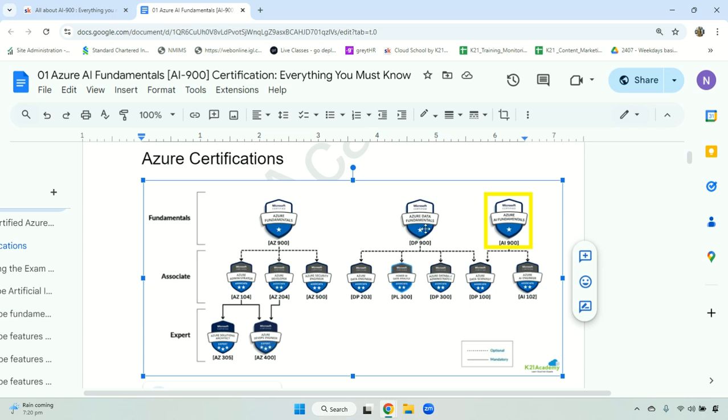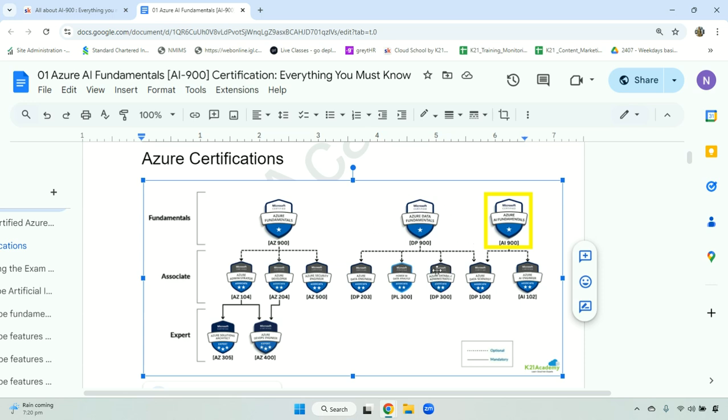It includes the DP 900, which is the data fundamentals course. If you want more advanced courses in data, you have DP 203, which talks about the Azure data engineer part. You have PL 300, which talks about the Microsoft Power BI data analyst. Then we have DP 300, which talks about the database admin part as well.